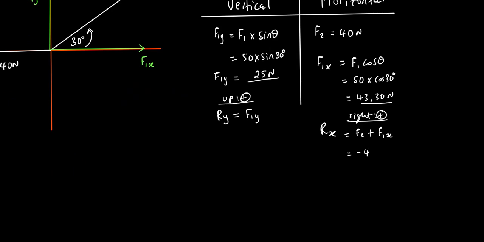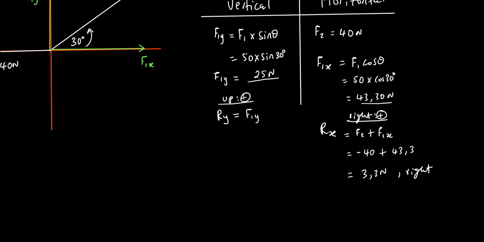If we add, we get 3.3 newtons, and it is to the right, because the answer is positive. Whereas here we have 25 newtons up. That is your Rx and that is your Ry.